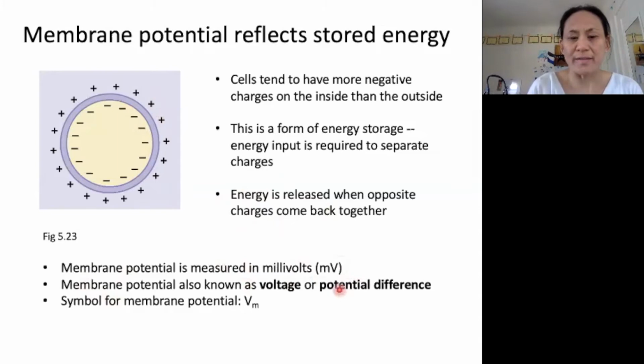That's our unit, abbreviated mV. It also goes by other names like voltage or potential difference. And this is the symbol that we use for membrane potential: a capital V with a subscript M. Again, what we are embodying here is the energy stored in the separation of charge across the membrane. That's what membrane potential is.